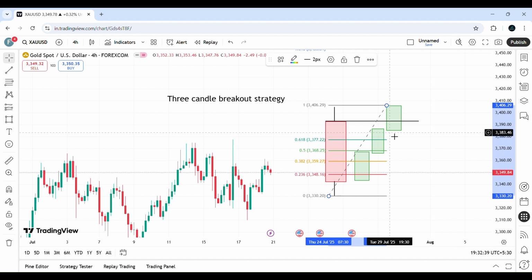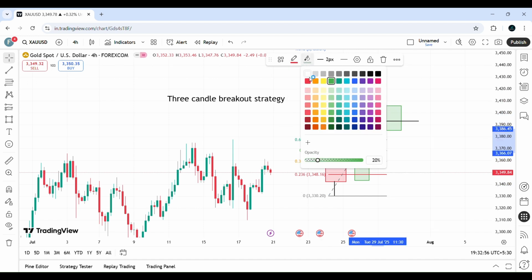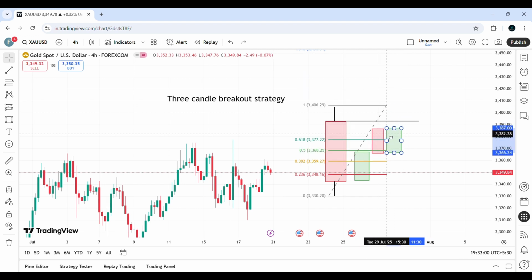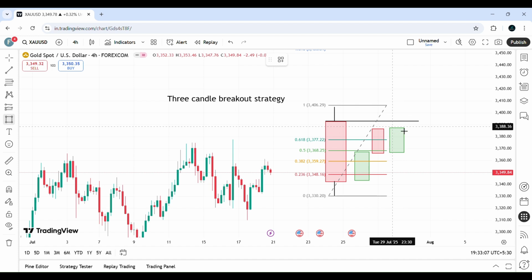So another thing to remember is when you look for the three candle breakouts, it doesn't matter if this candle turns out red or bearish. It just needs to be more than three candles. Let's imagine this candle is a bearish candle, right? This candle is a bearish candle, so automatically this candle would be opening from here, and another bullish candle from here, and it broke out again.